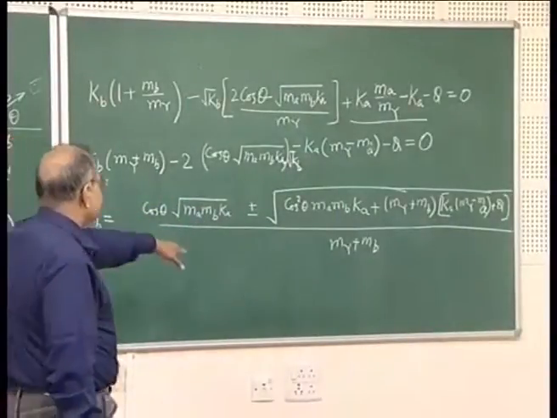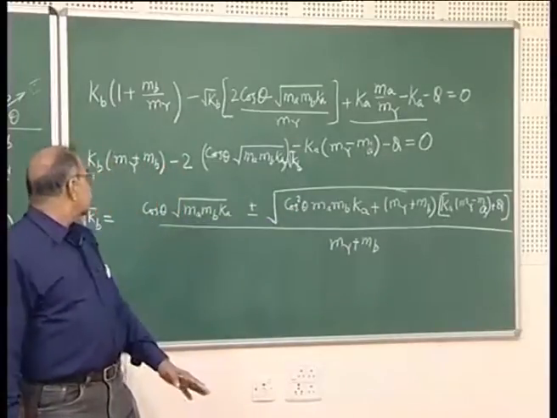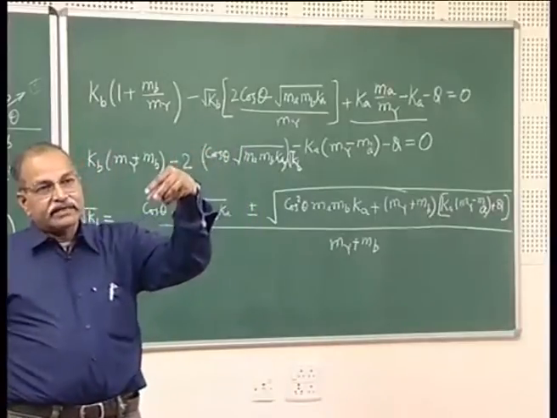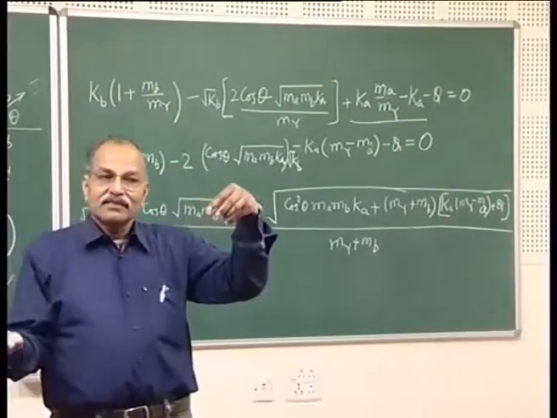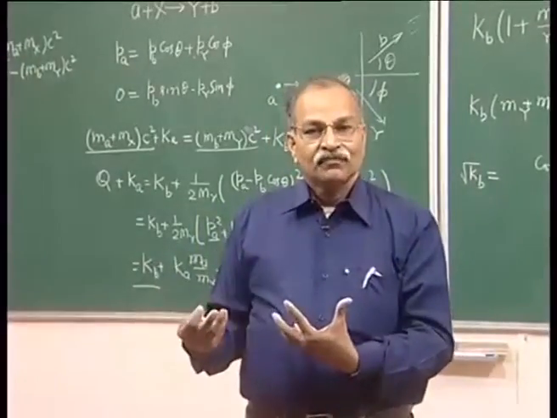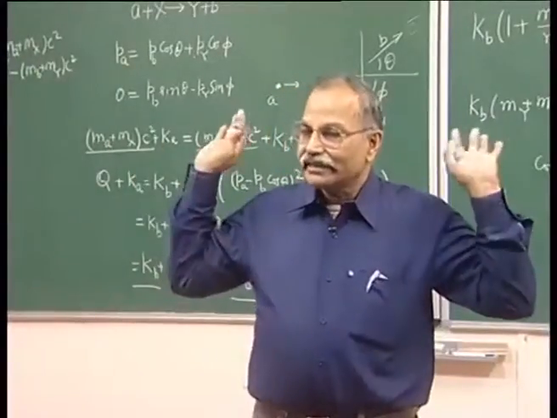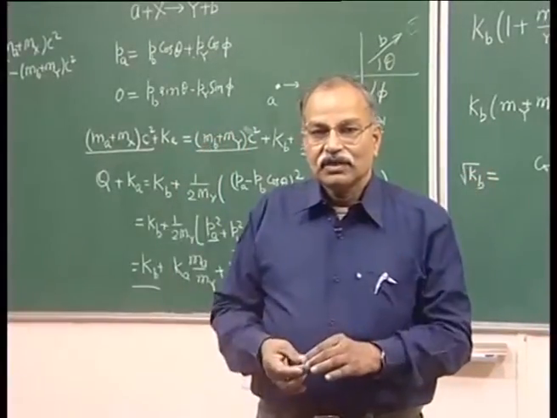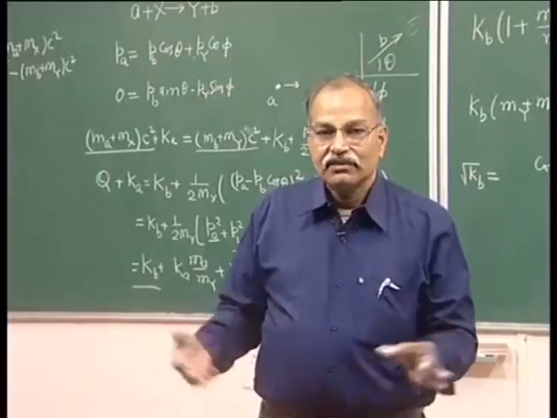Where is cos theta? Here it is cos theta. So, depending on which theta you have put the detector, there will be a threshold energy. After that the reaction will start. So, all these energy considerations, those kinematics, are to be taken into account if you study this nuclear reaction.